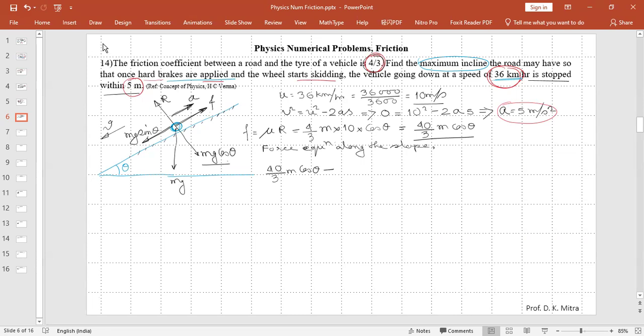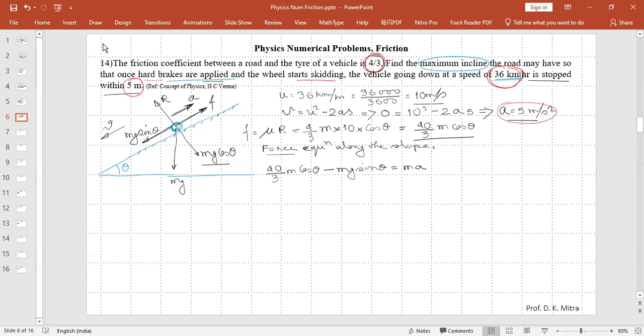And the force in the direction opposite to acceleration is mg sin theta. This is equal to plus m into acceleration A. A is known. I repeat once again here.